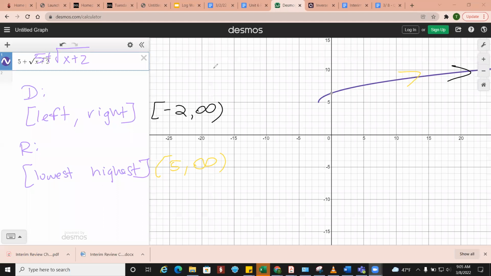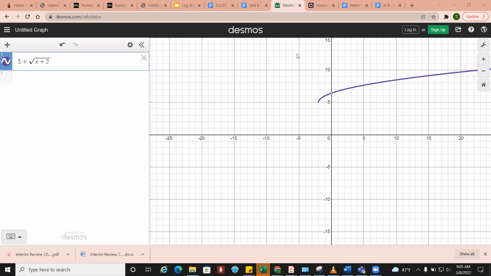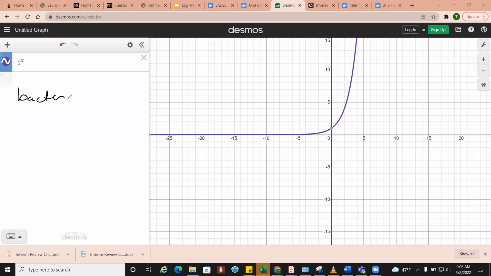Now, let's say it's a word problem and we're dealing with something in context. Let's say I have 2 raised to the X, and I say this is a bacteria population that happened over 3 days.